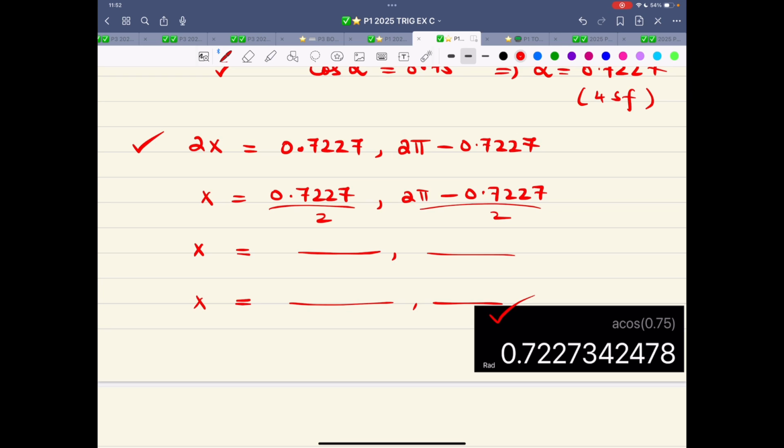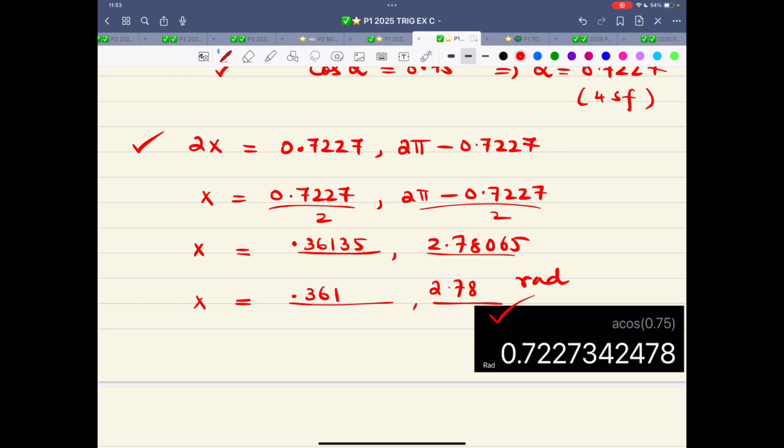That comes out to be 0.36135, and that should become 0.361. The next one, that is 2 pi, 3.142 times 2 minus 0.7227 after subtraction, divide by 2, 2.78065, which can be written as 2.78.